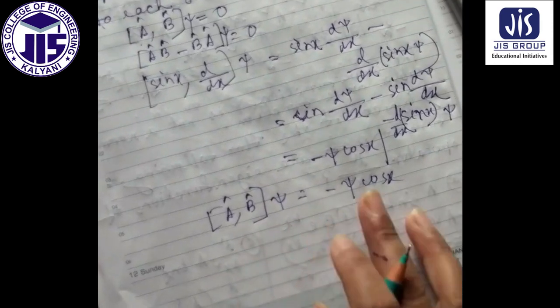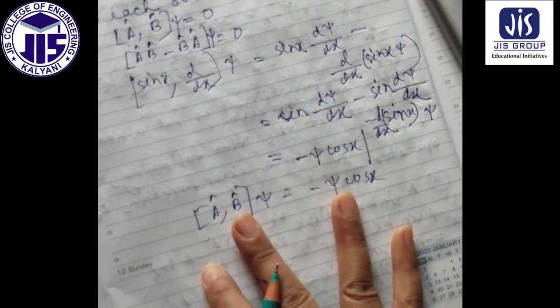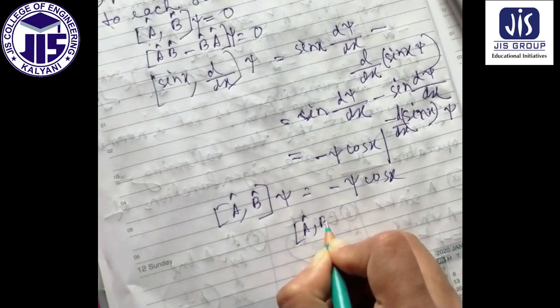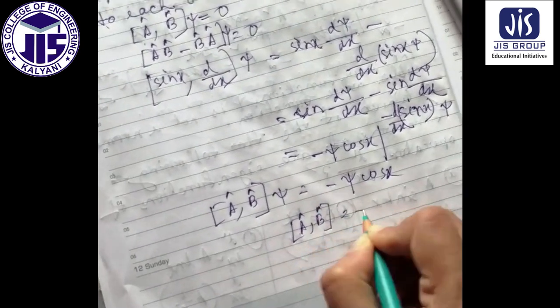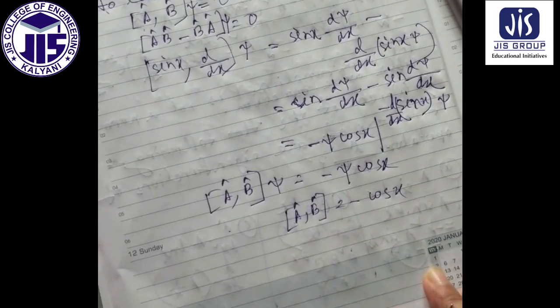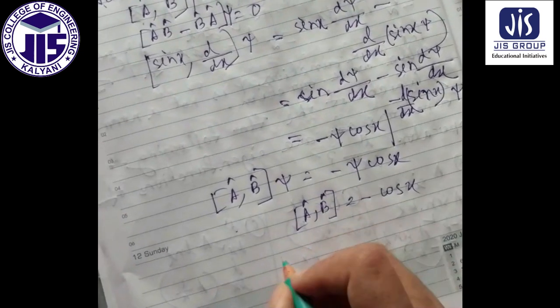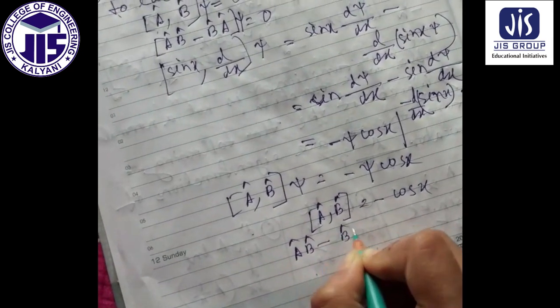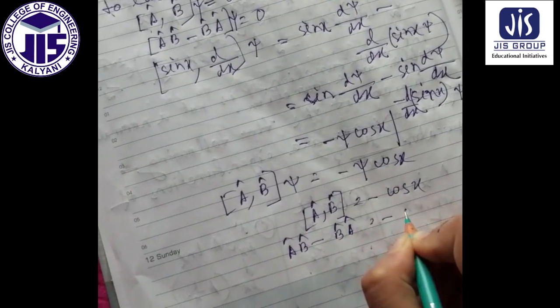If we compare both sides, then what we are getting is the commutator of a cap comma b cap equal to minus cos x. Therefore, a cap b cap minus b cap a cap equals minus cos x.